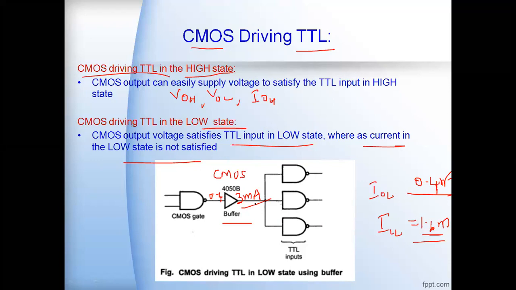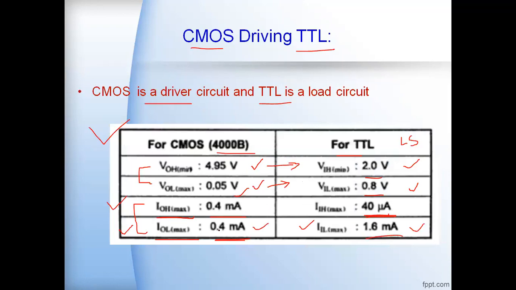So do you understand this? CMOS driving the TTL inputs. In the high state, there are no issues or difficulties. The only problem is during the output low state, the IOL current is 0.4 milliampere, and this small current cannot handle the 1.56 milliampere current.